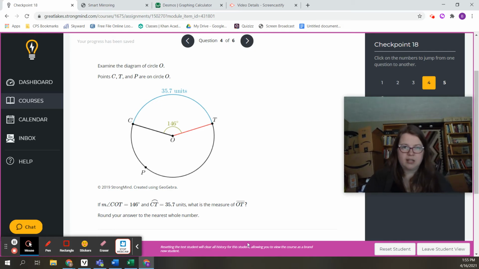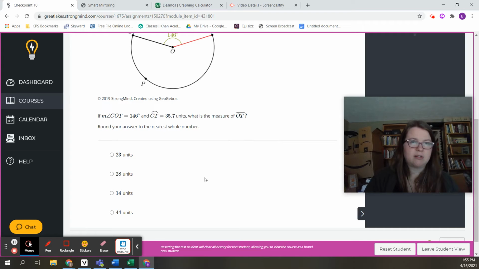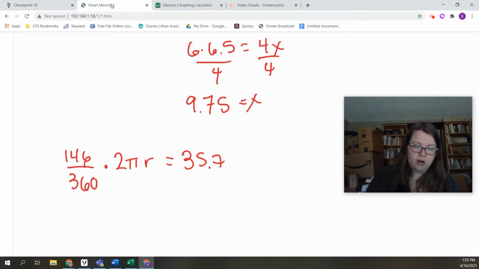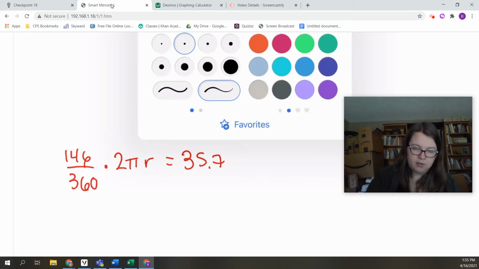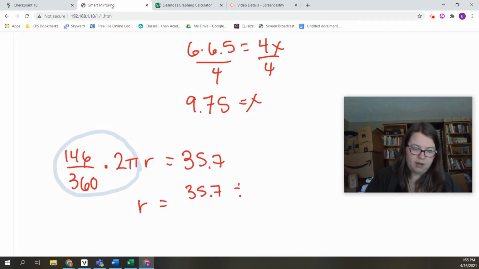And I'm going to look at the answers to see if the answers had pi or no. Nope, it didn't. So we're just supposed to round it to the nearest whole number. So let me show you this again. All of this is one number that we're multiplying by r, so we can divide both sides by that. So r is going to equal whatever 35.7 divided by 146 over 360 multiplied by 2 pi.